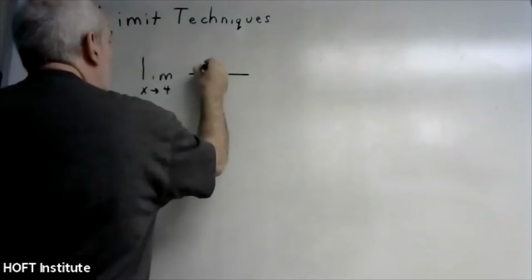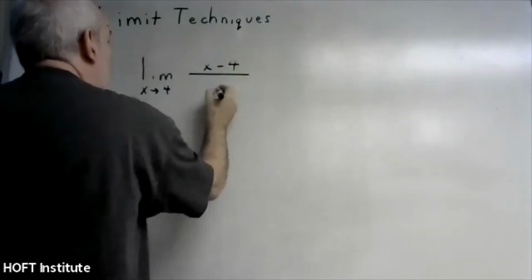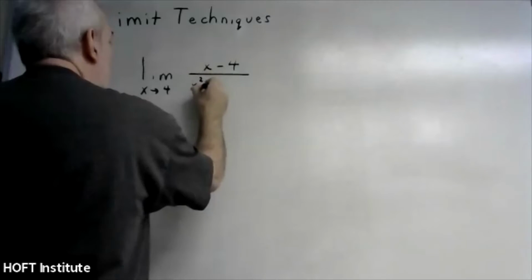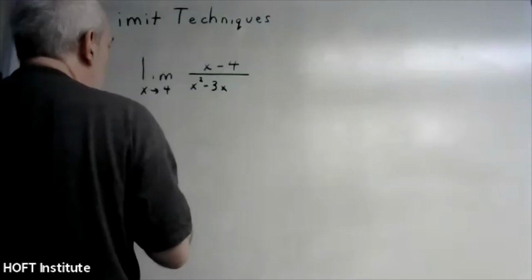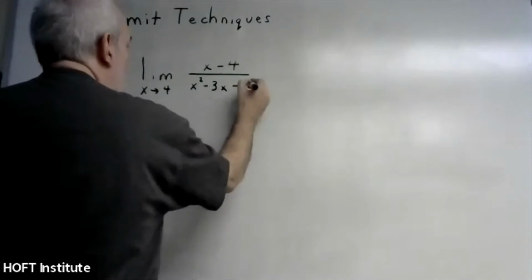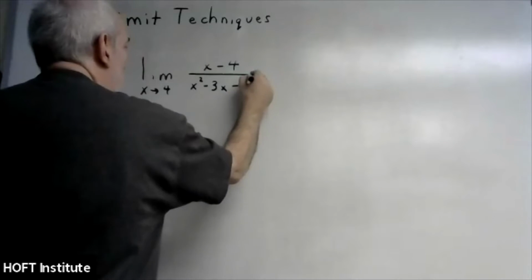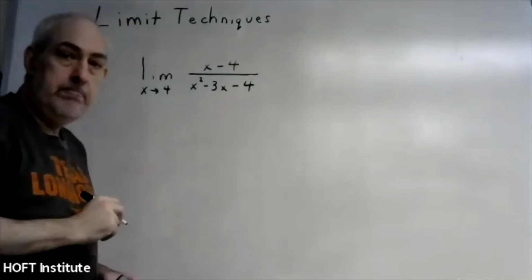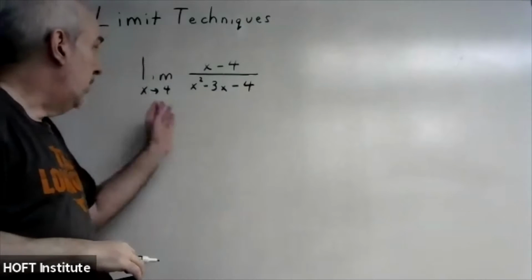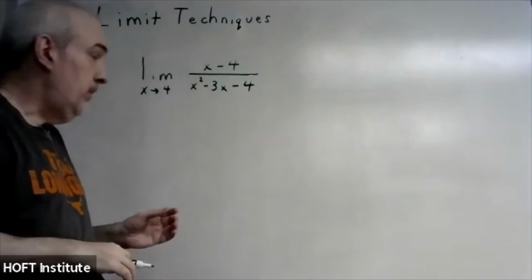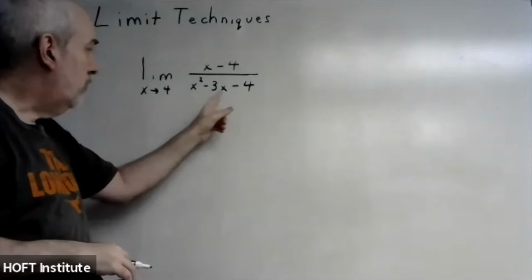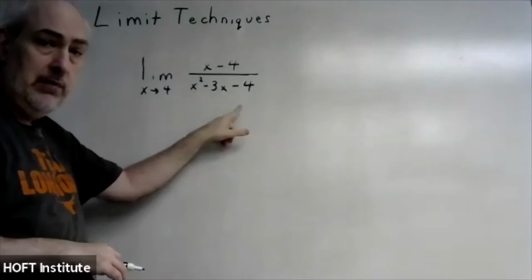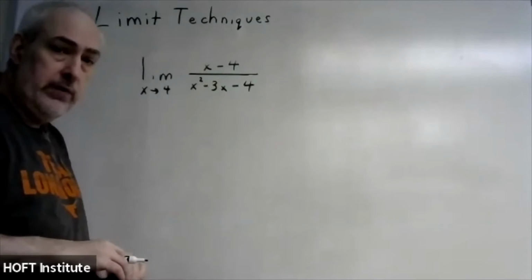And I'm going to put x minus 4 on top, and maybe x squared minus 3x minus 4 on bottom. Okay. And if you were to plug in 4 to the top, you get 0. And if you were to plug in 4 to the bottom, you get 16 minus 12 minus 4, which adds up to be 0. So we have 0 over 0 once again.